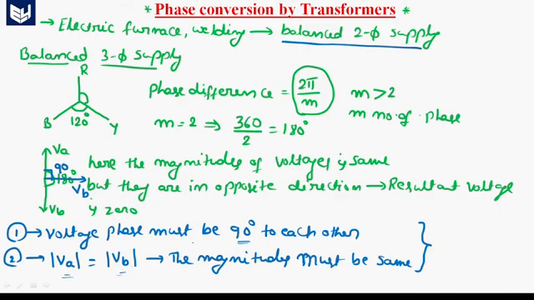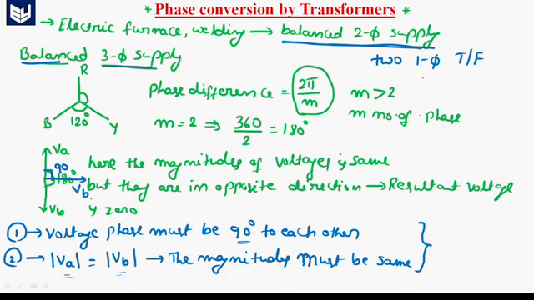So to attain these two things, we require two single phase transformers. Okay, so by using two single phase transformers, we can convert a balanced three phase supply to a balanced two phase supply.